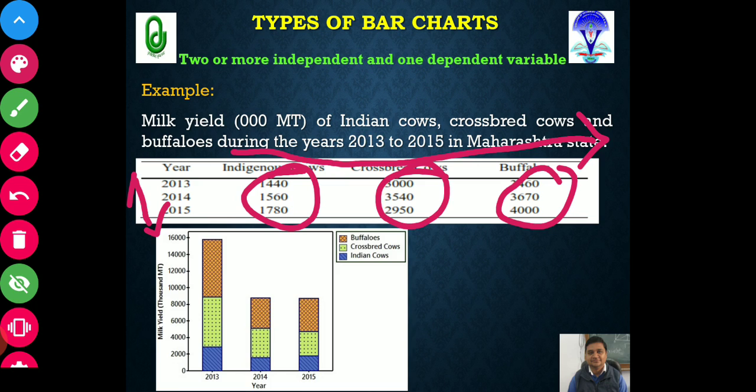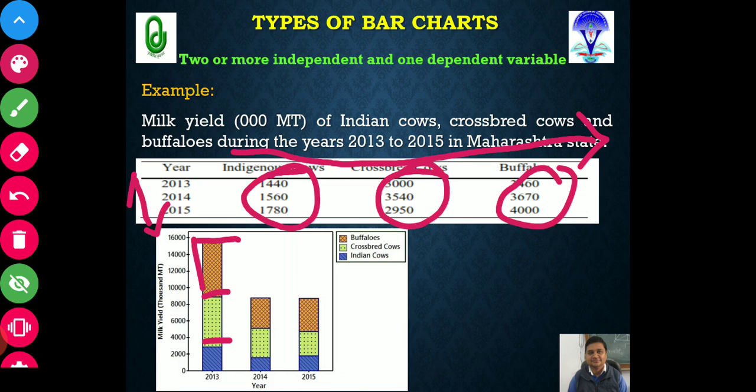So first you see the blue color is for Indian cow. So what is the milk production of Indian cow or indigenous cow? It is 1440. So this graph will reach up to 1440 kg in 2013. Then crossbred cow is 1560. So from here 1440 it will go up to 1560 and then 1780.